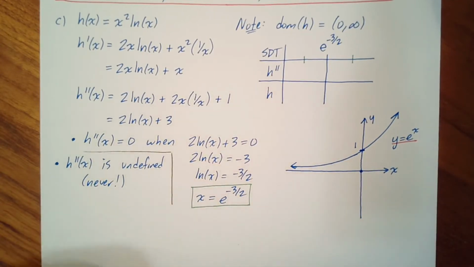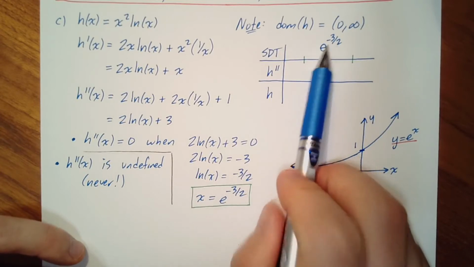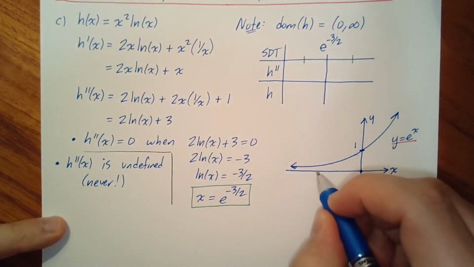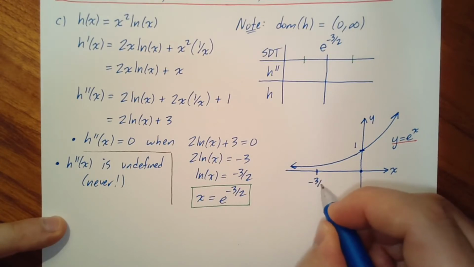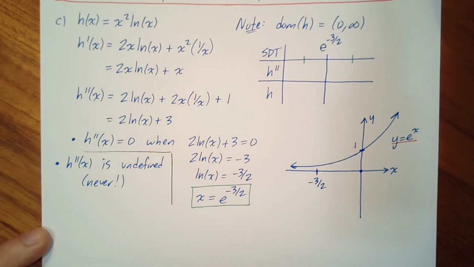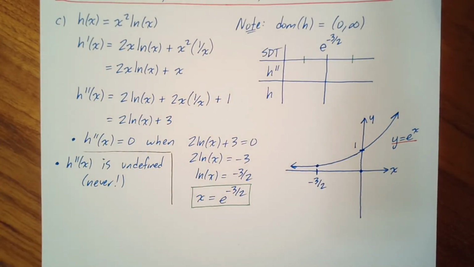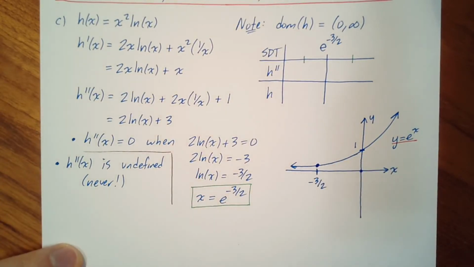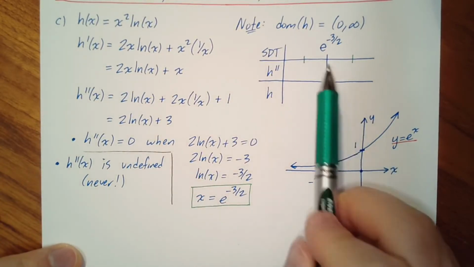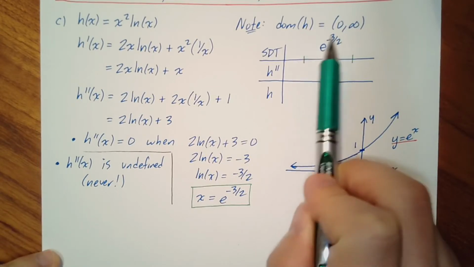So what we have here, e to the negative 3/2, that's really the y value of the point on the graph here, if I plot negative 3/2 here. What's the point of this? Well, we want to pick a value here that is less than e to the negative 3/2.